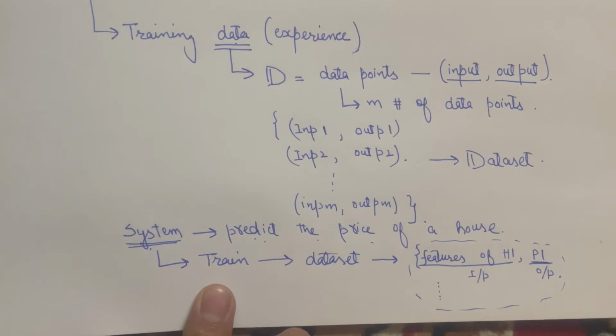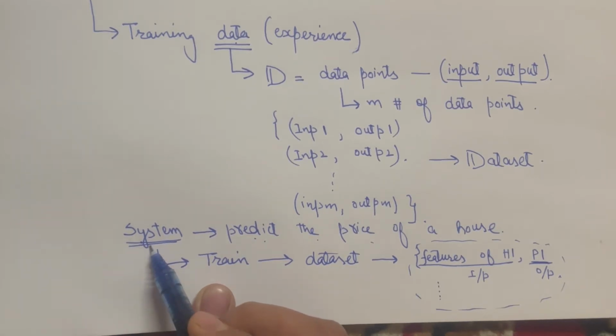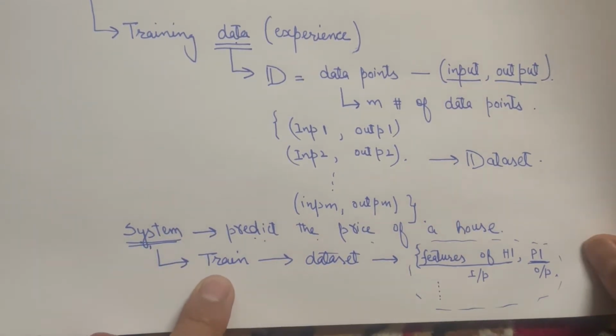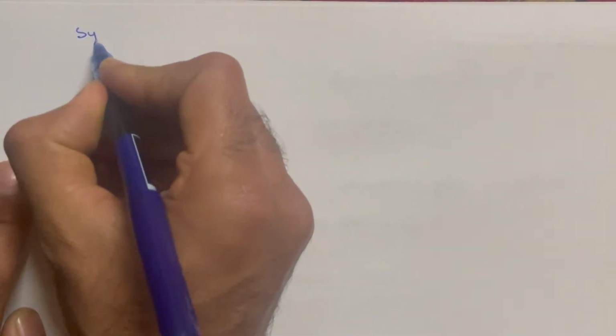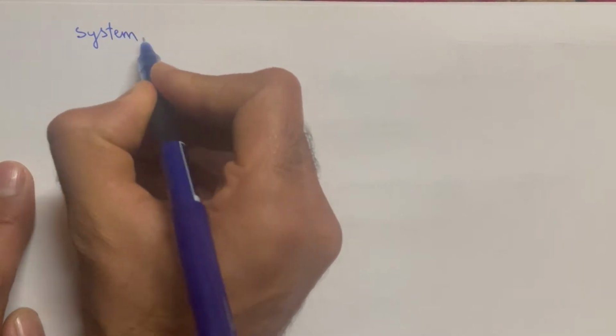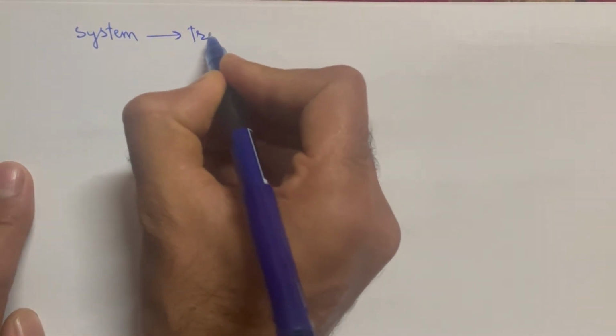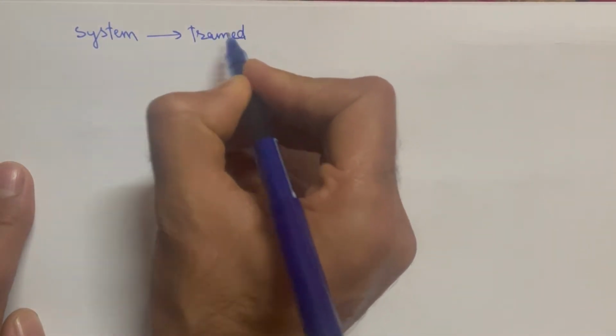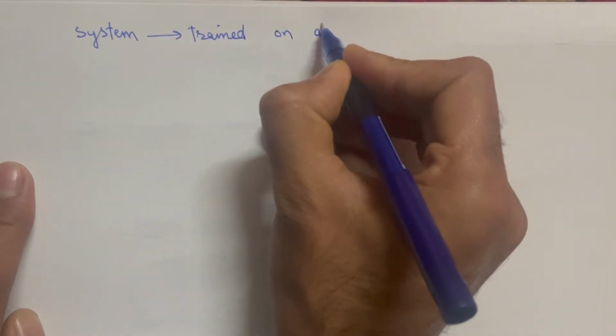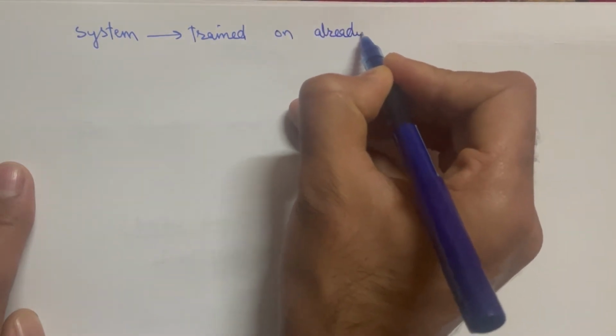After training this particular system, we have a trained system. So a system that has been trained on already known data.